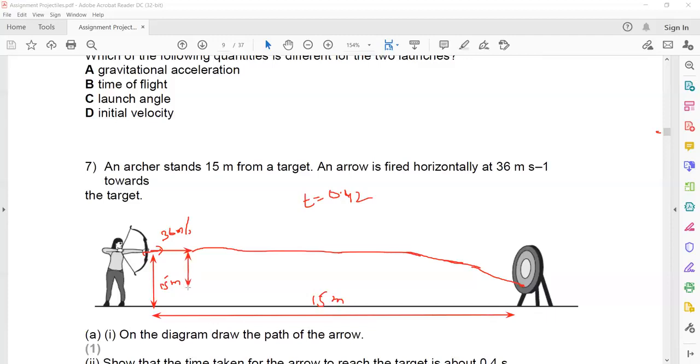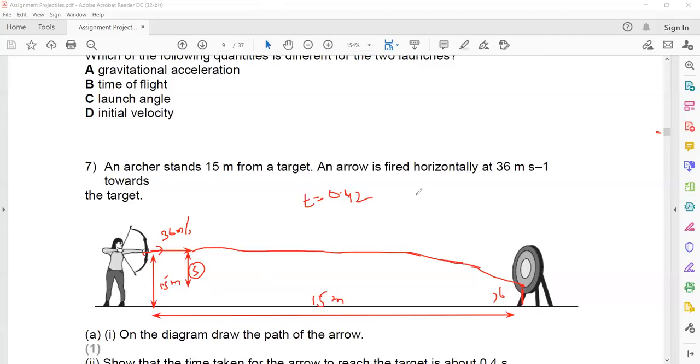First the vertical distance fallen, and then 1.5 minus the vertical distance fallen by this arrow gives us this distance x.